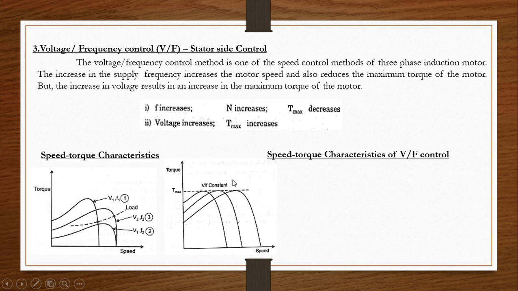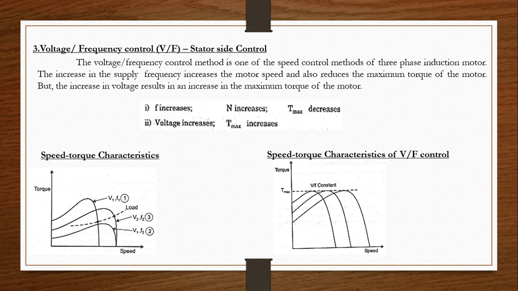To explain V by F method, we can take speed torque characteristics. In the first one of speed torque characteristics of three-phase induction motor, we have the changes in supply voltage and supply frequency. Let us take the first one. Here V1 and F1 are the parameters for supply voltage and supply frequency.